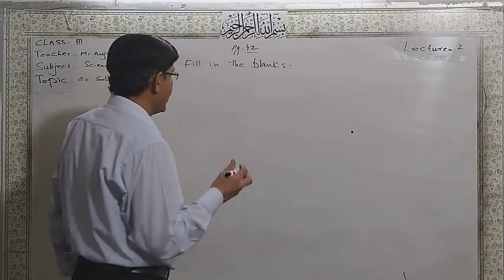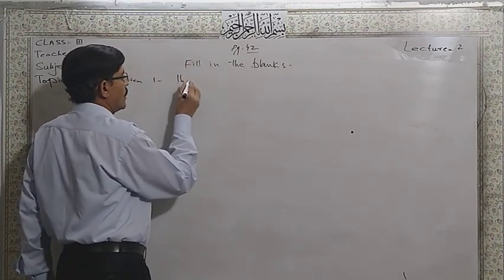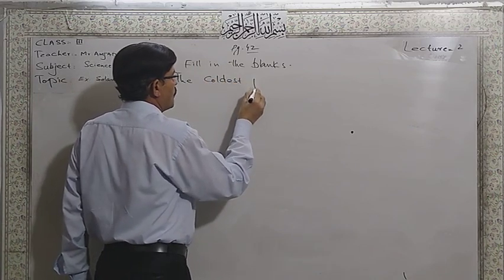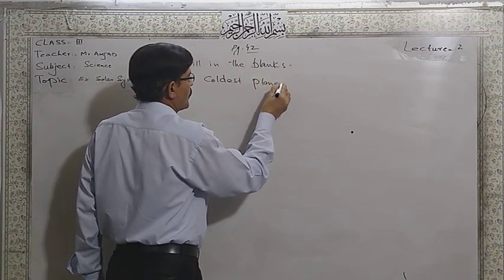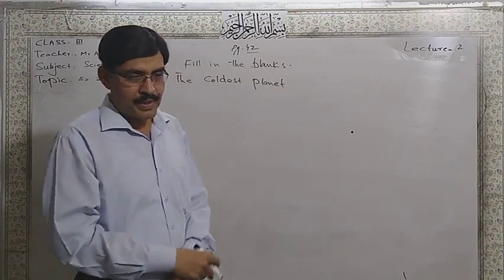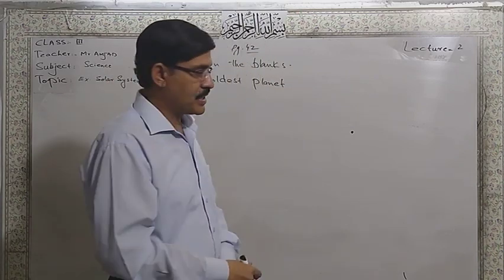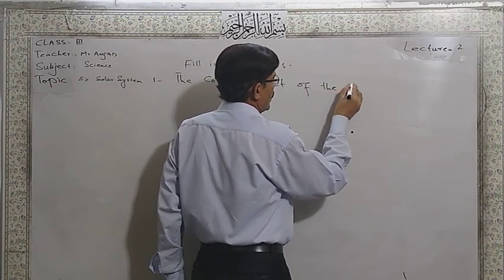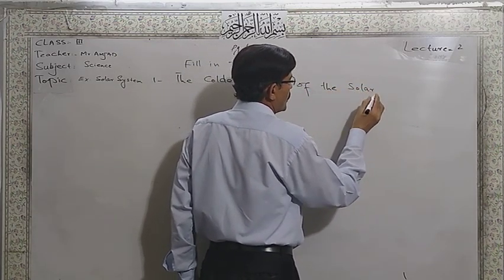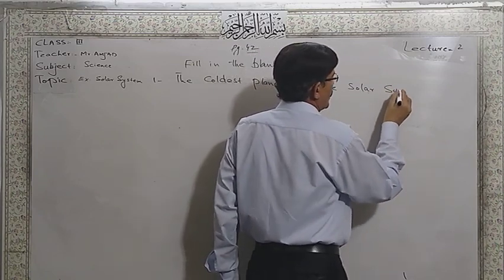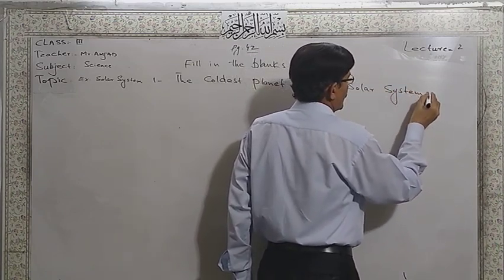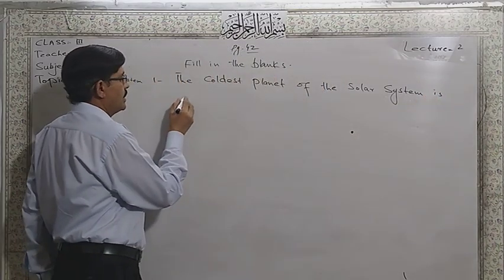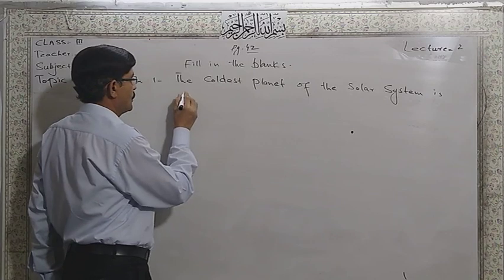Okay, the coldest planet of the solar system is, we have no place here, we have to write here, Neptune.